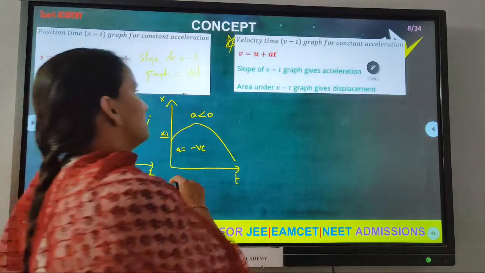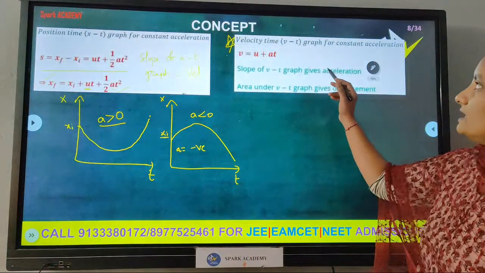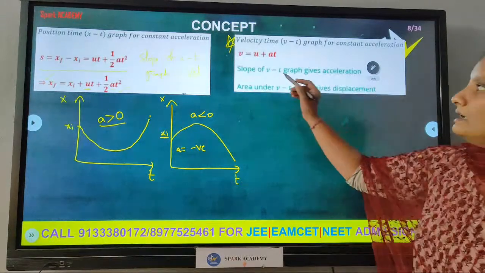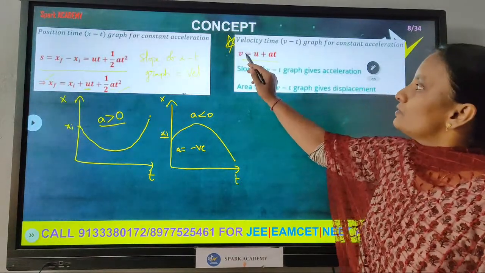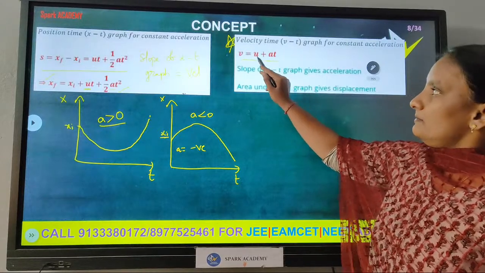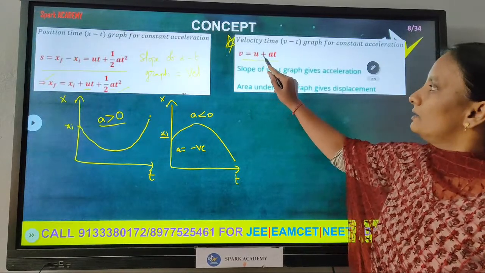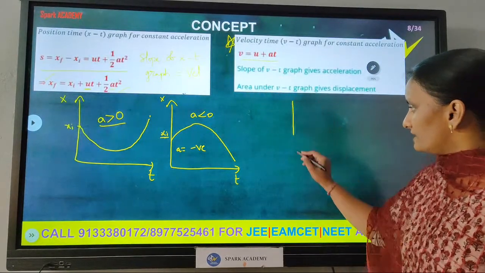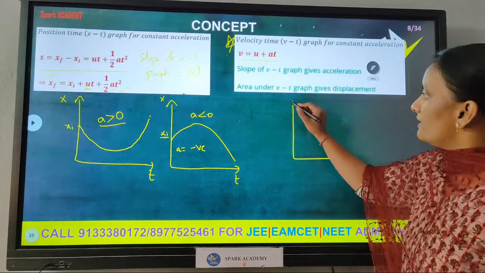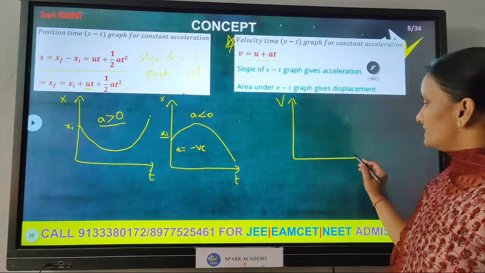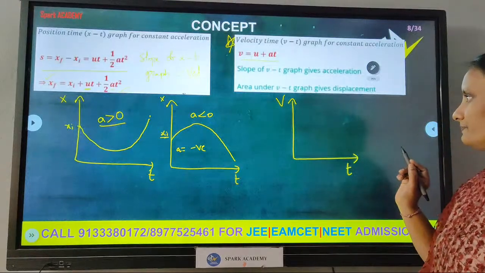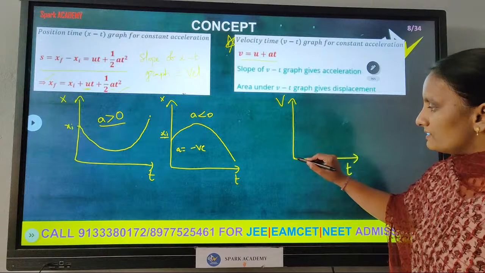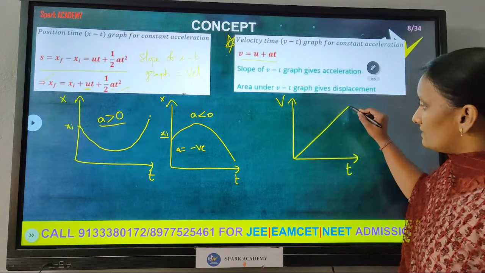More than this graph, velocity time graph questions for constant acceleration are very important. Here we have the equation to find the velocity after some time: v equals u plus at. The graph is velocity on the y-axis, time on the x-axis. If the object starts from rest, the graph shows a straight line.